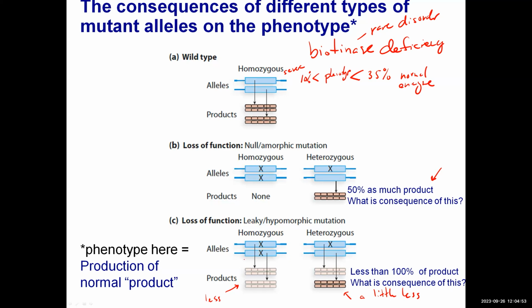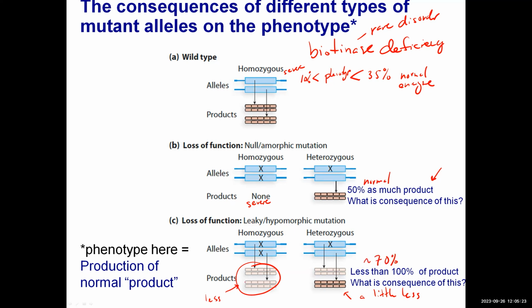This gives a situation where the leaky allele is likely to give either the phenotype or severe phenotype, depending on how leaky it is. The null homozygous will absolutely give you the severe phenotype. 50% as much would be considered normal. And depending on how leaky this is, it'd probably be normal too, probably close to around 70%.